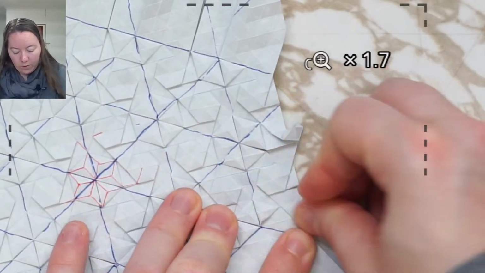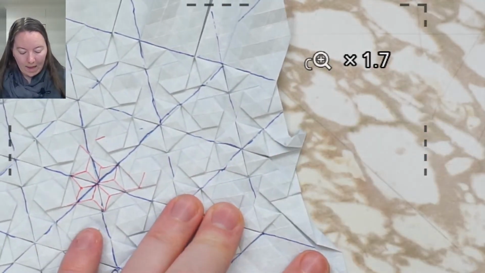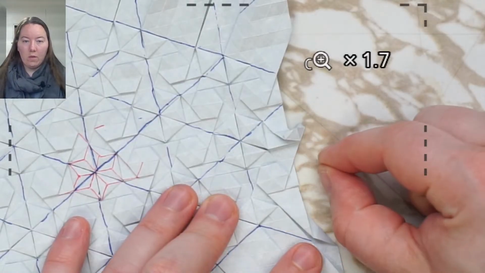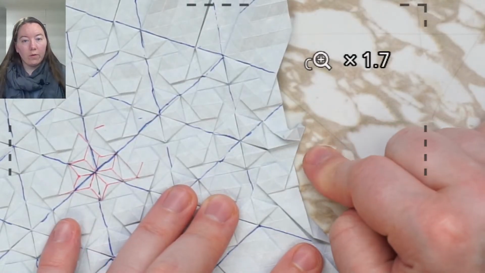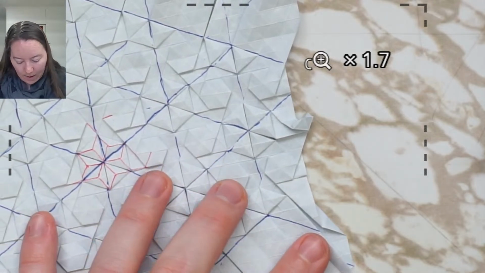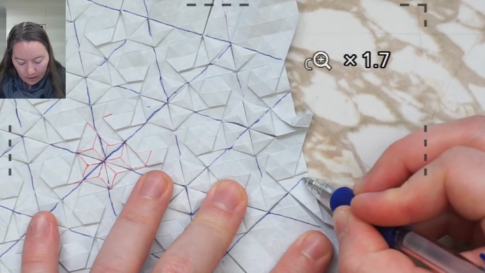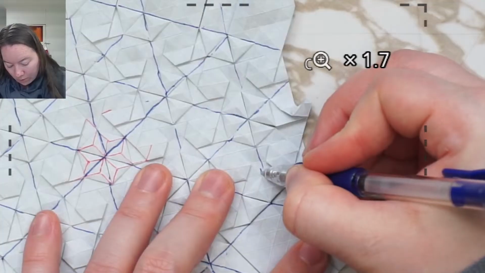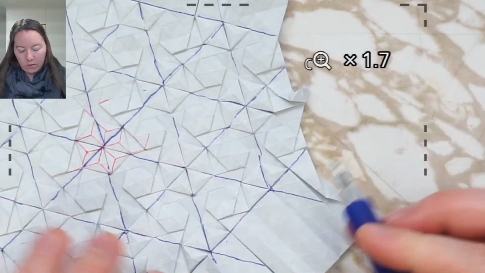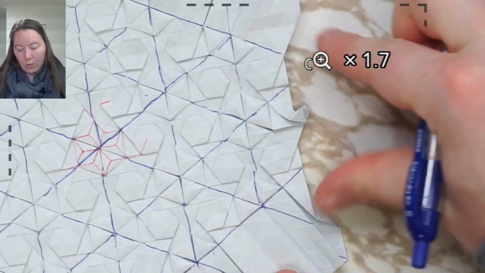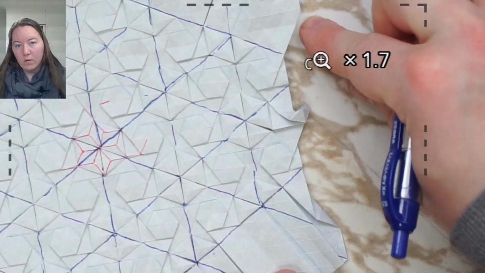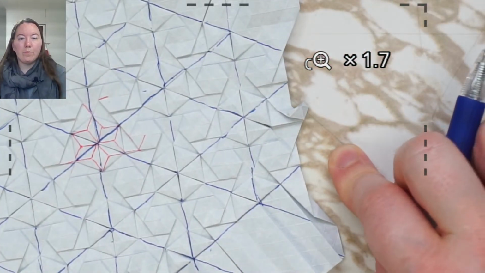And squash that triangle and squash the two triangles on this overlap. And that would get me to a stopping point with this end of things.